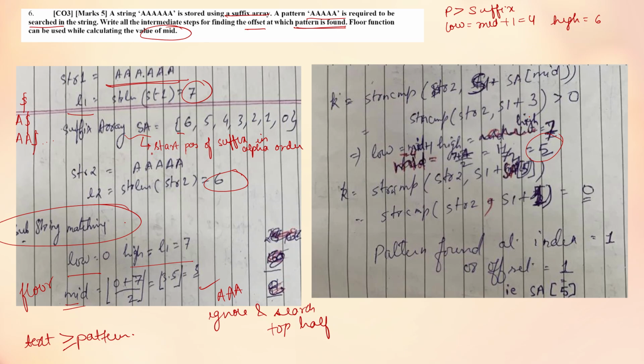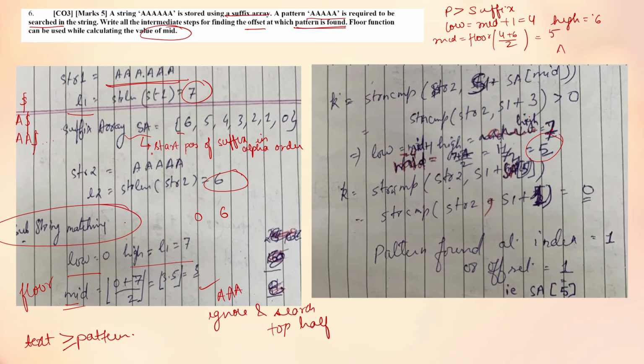Calculate this. In the first case low is 0 and high is 6. In the second case we have low as mid plus 1 and high as 6. Then when we calculate mid as floor of (4 plus 6) by 2, we get a value of 5.